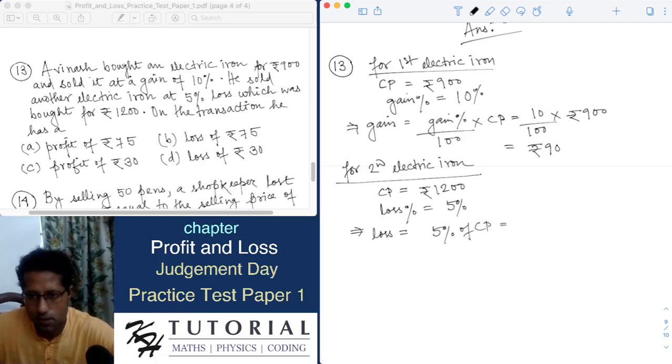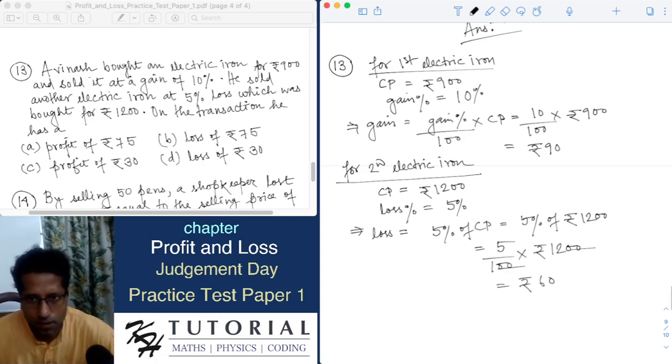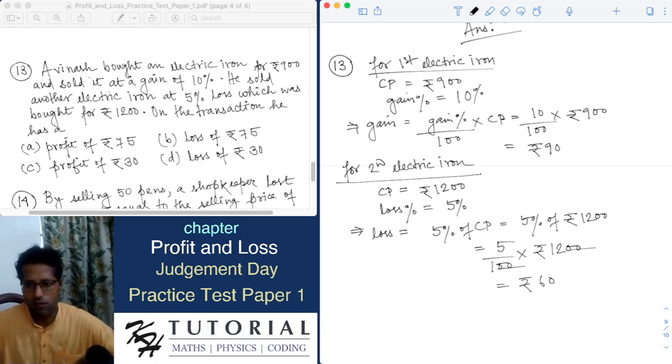This equals 5% of rupees 1200. This is 5 by 100 multiplied by rupees 1200. This is rupees 60. So there is a gain of rupees 90 and there is a loss of rupees 60.